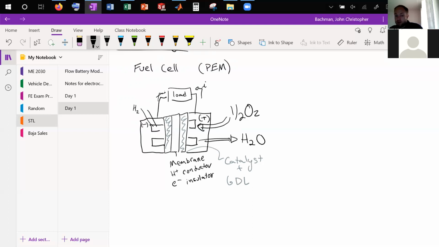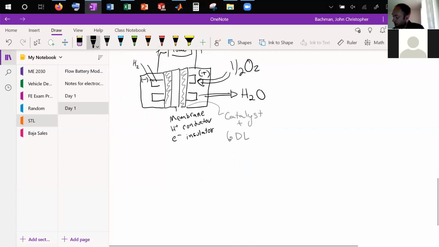Okay, so in this case, we notice we're transferring hydrogen from the negative side over to the positive side, and we're getting 1.2 volts from the system.